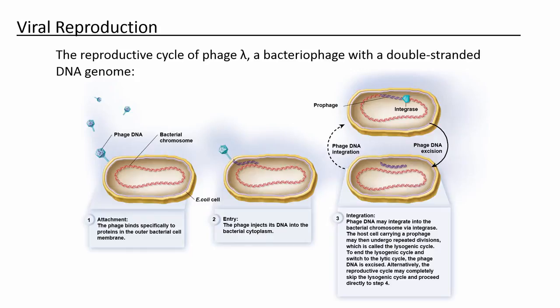So with HIV, the envelope fuses with the plasma membrane. That releases the capsid into the cytosol, and the capsid at that point is still surrounding the RNA genome of the virus.